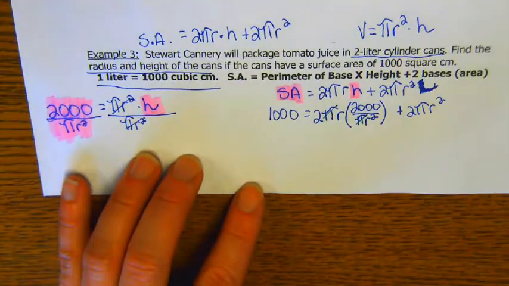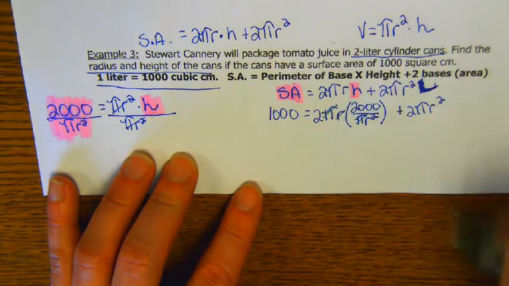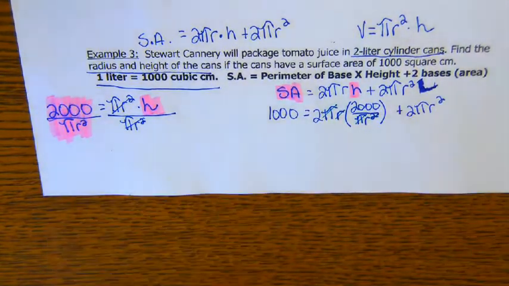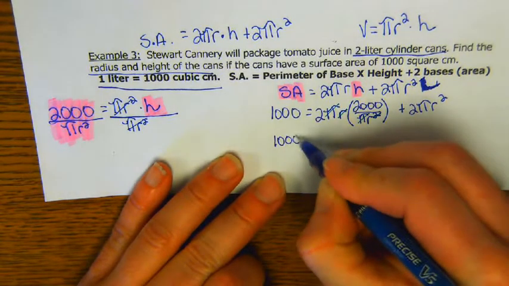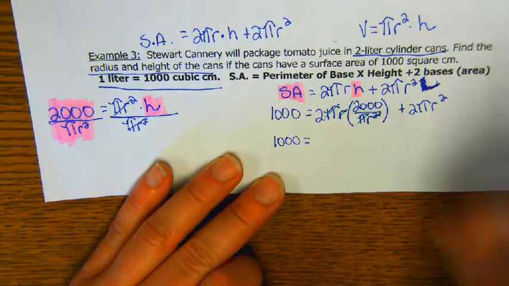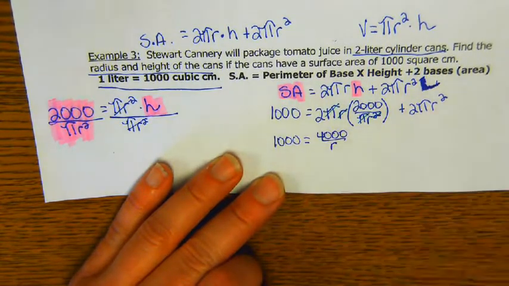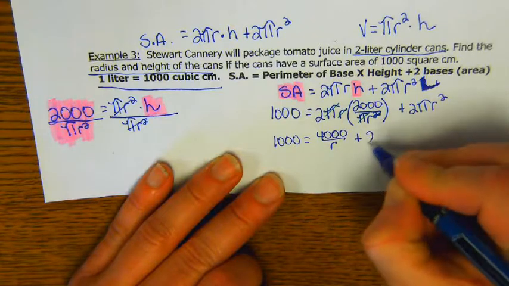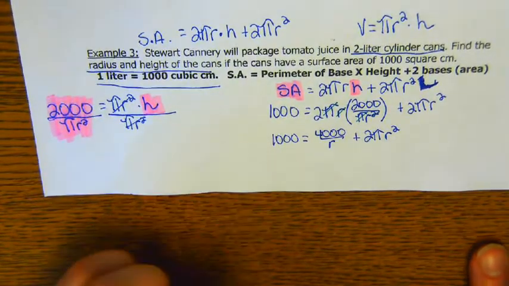Pi. What else? An r, right? So one r cancels here and one cancels there. So now we are left with the equation 1,000 equals 2 times 2,000 over r. That's 4,000 over r plus 2 pi r squared.